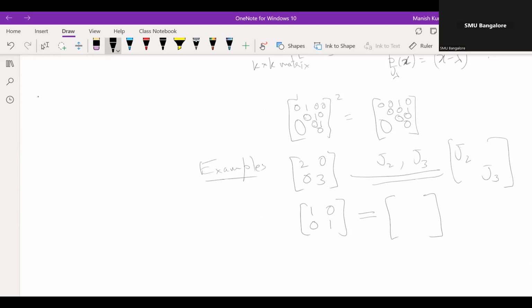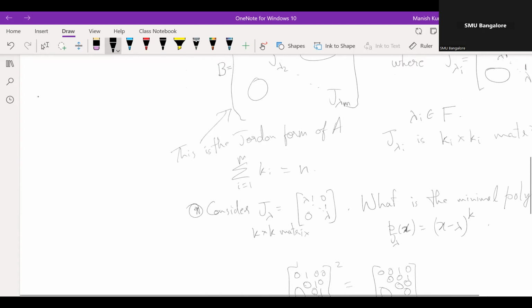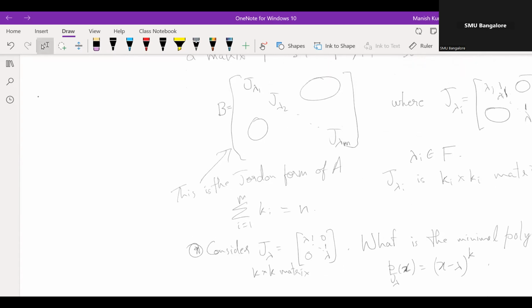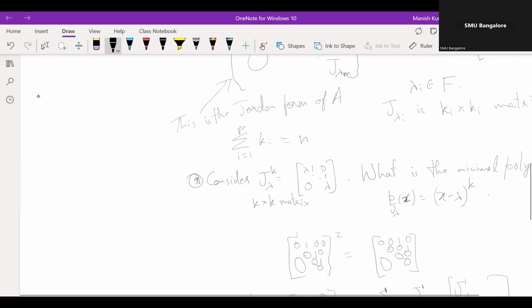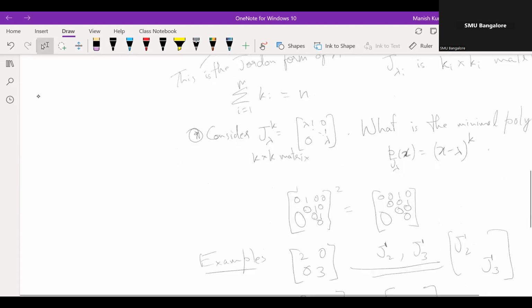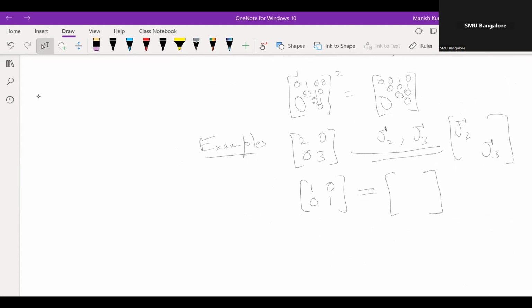Maybe one should put the order of the matrix here: J11, J21, and J31. Then the notation will be complete. Let's call this Ki to signify that this is a K by K matrix. Lambda and K determine the whole Jordan block. So if I want to write the identity in Jordan form, what are the Jordan blocks?